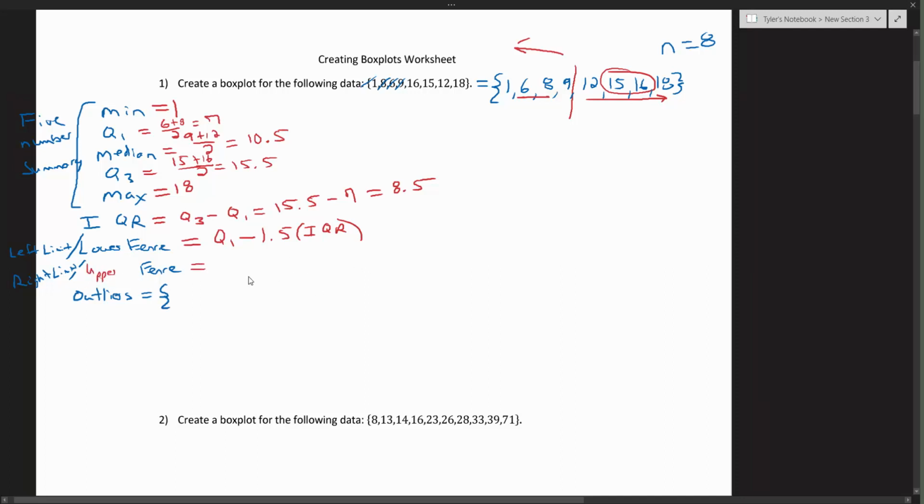Right, the upper fence is quartile 3 plus 1.5 times the interquartile range. So we fill these in now. Quartile 1 is 7 minus 1.5 times 8.5. And the upper fence is 15.5, just plugging in these data values, plus 1.5 times 8.5.